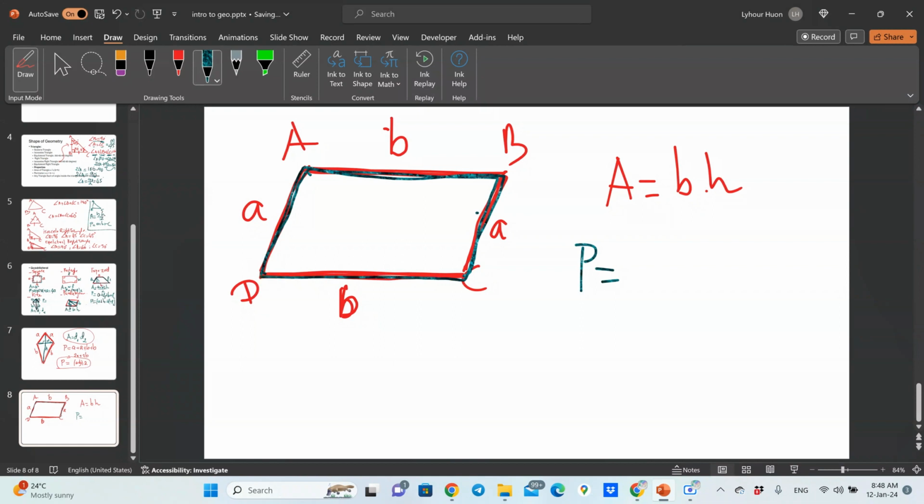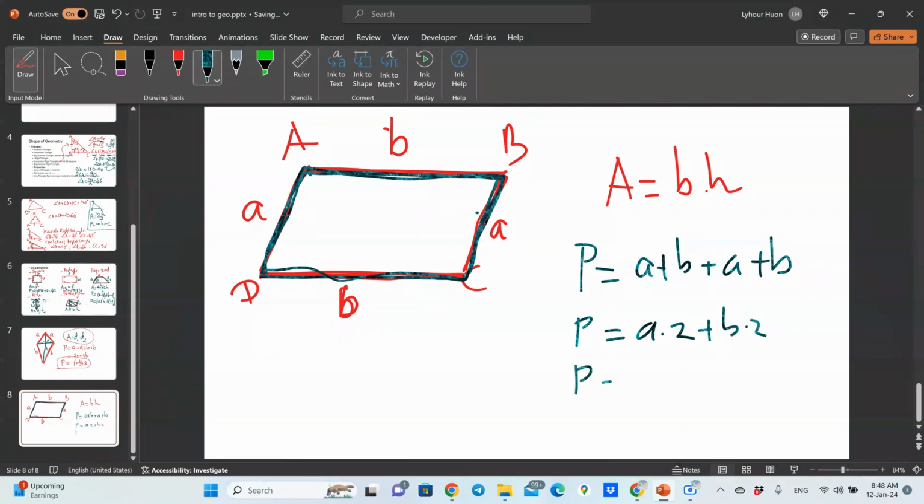That will be A plus B plus A plus B. It would be like A times 2 plus B times 2. So A plus B times 2.